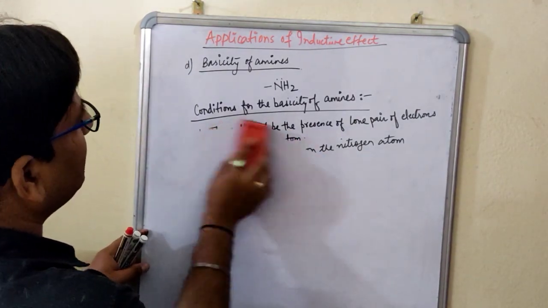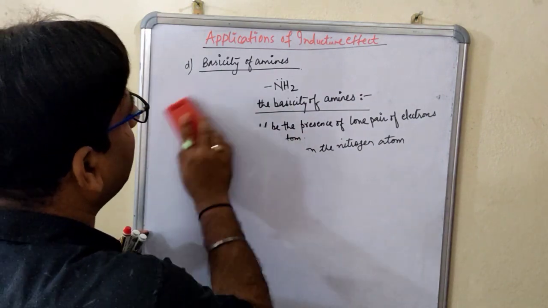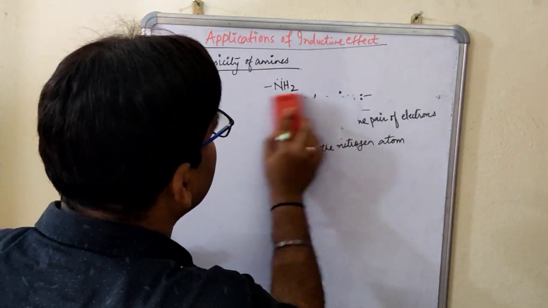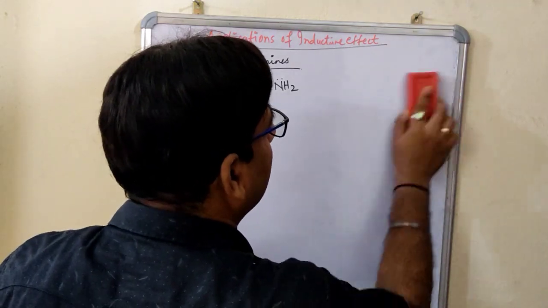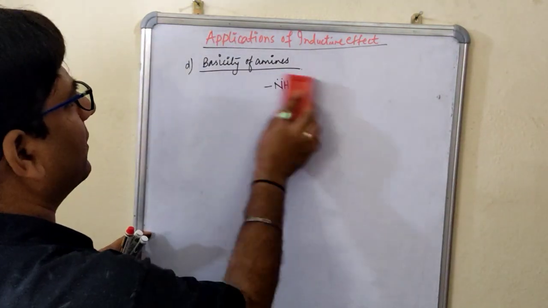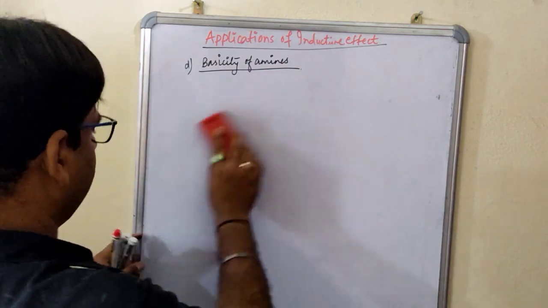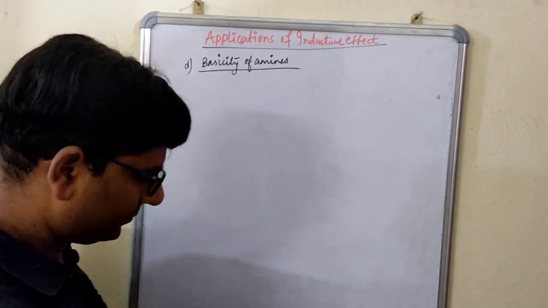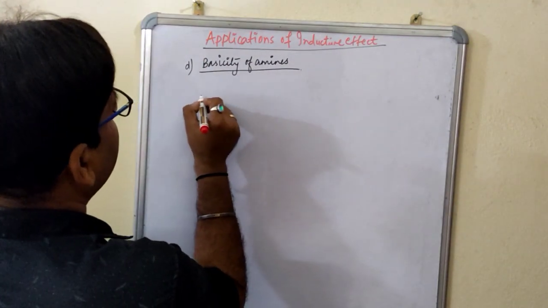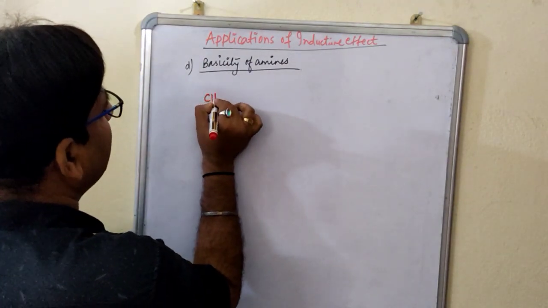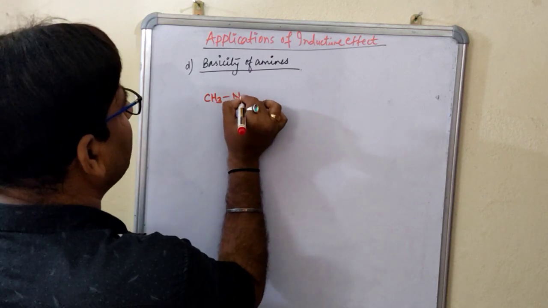Now let us see with an example, and with the example you can come to know how this basicity of amines is governed by the inductive effect. Suppose I am taking one example, that is CH3NH2.